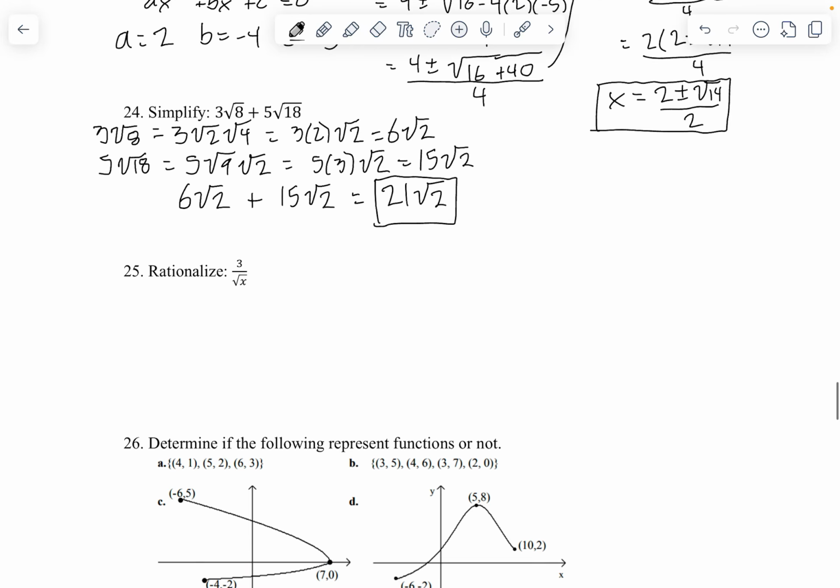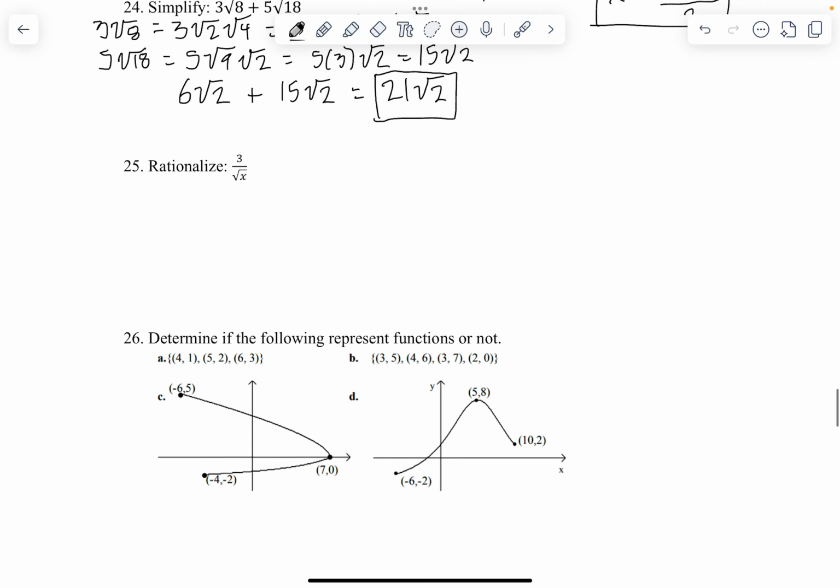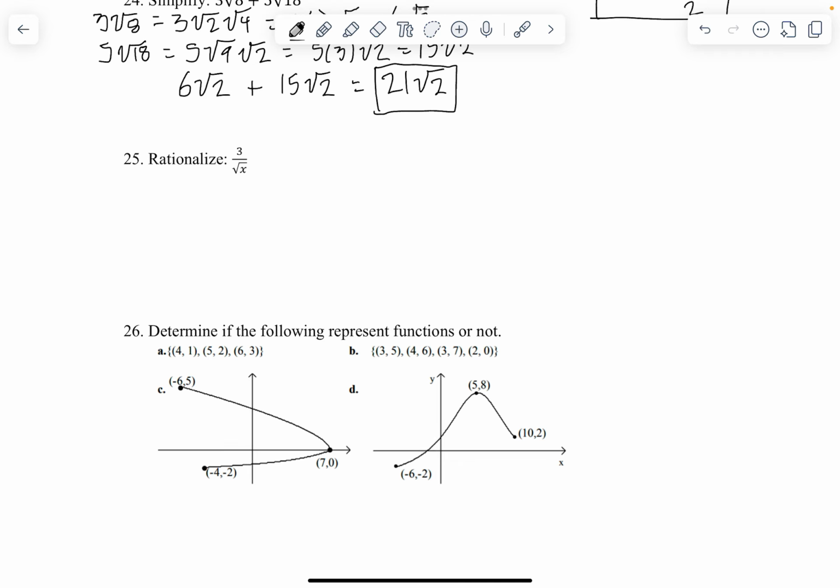Okay. 25, it says to rationalize. Rationalize just means to rewrite it so you don't have a root or a square root in the denominator. So to rationalize, what you do is you multiply it, in this case, by the square root of x over the square root of x.